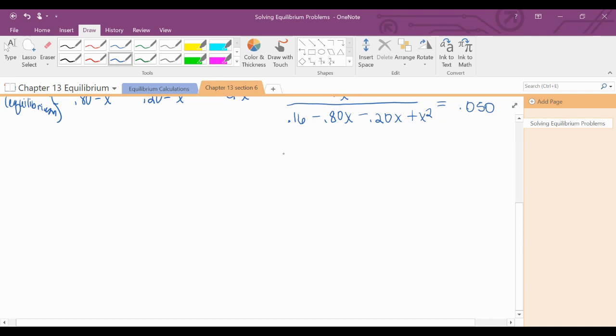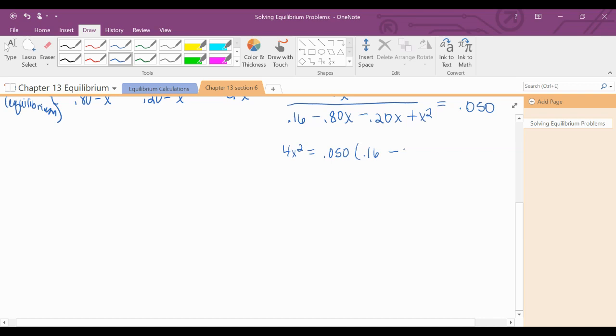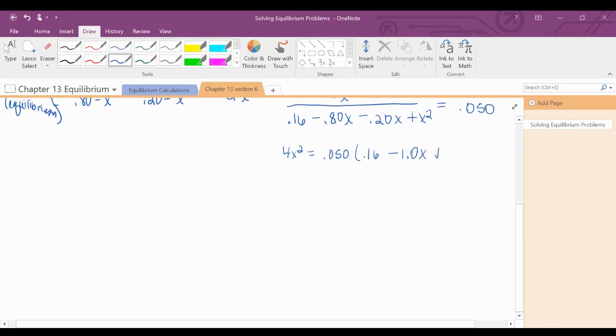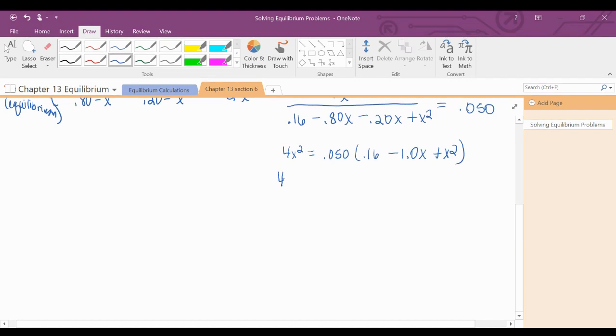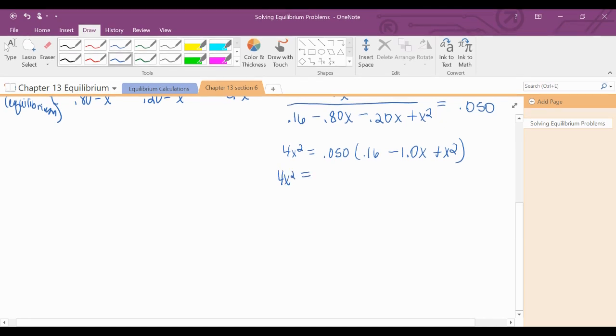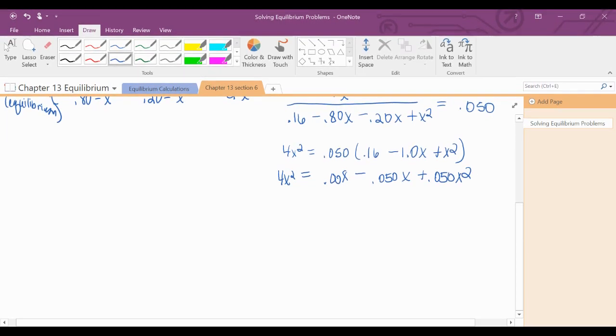Okay, and then we're going to leave our 4X squared on this side. And we're going to take our 0.050 and multiply it by my 0.16 minus 1.0X plus X squared. And so we're going to get 0.008 minus 0.050X plus 0.050X squared.